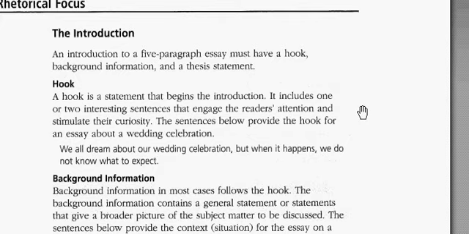So a hook is 1 or 2 sentences to really draw the reader, pull the reader in. This is kind of the artistic part of essay writing. You really have to think about your reader when you make the hook. You're not focusing on your ideas, you're thinking about who is going to read this and how I'm going to attract them.